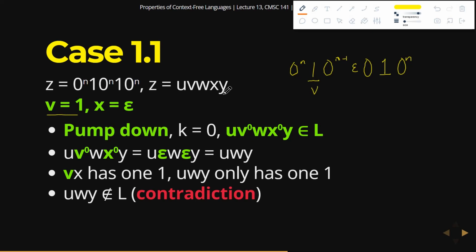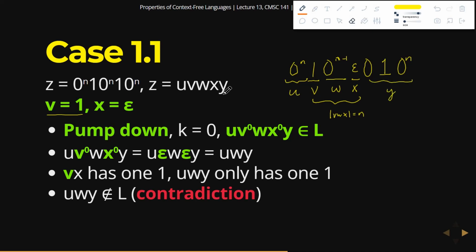This is the v, which is equal to 1 here. This x here, this epsilon, is the x, and then this one here is the w. Okay, and this is valid because the length of vwx is equal to n. So that means that the remaining one here is u, and the remaining one here is y.